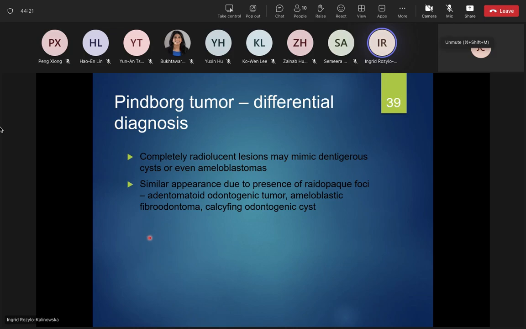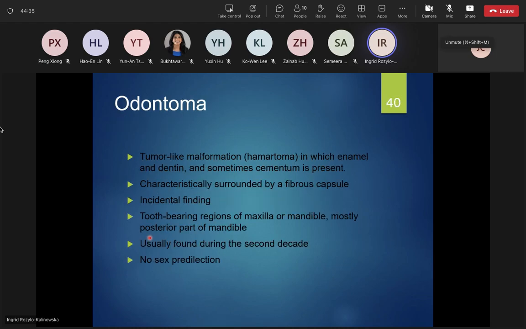But in case of radiopaque lesions, it's lesions like calcifying odontogenic cyst, ameloblastic fibro-odontoma, and also adenomatoid odontogenic tumor. Now, I told you about hamartoma.